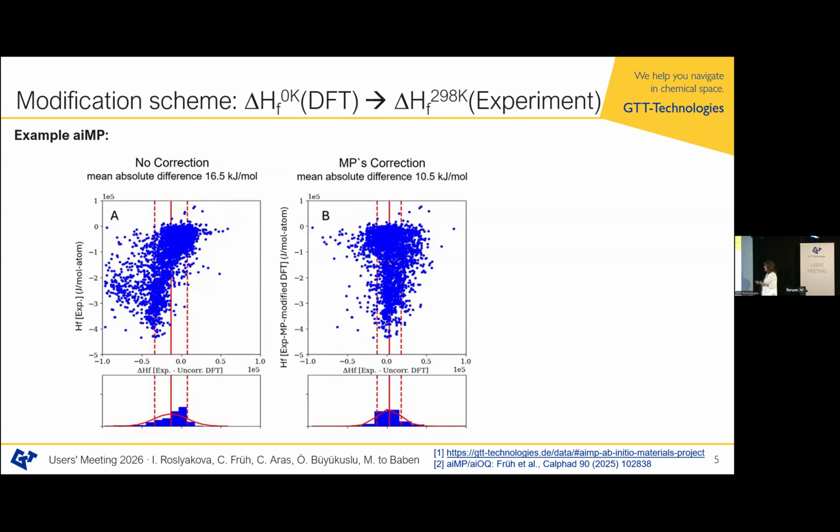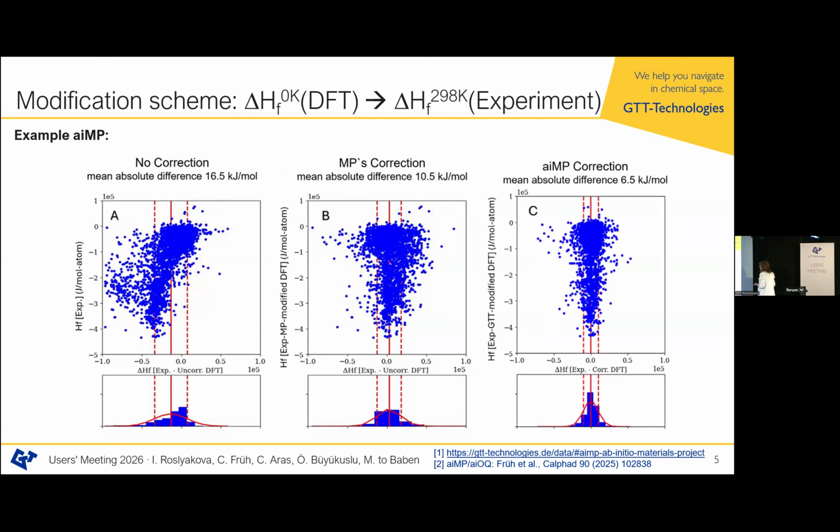So from our side, MP already takes care of this. Materials Project has a correction scheme inside, which builds on 222 components, and they already reduce this mean absolute difference to 10.5 kilojoules per mole, which is quite nice. So GTT goes even further and introduces our own correction scheme, applied in aiMP, which significantly reduces this mean absolute error even more.